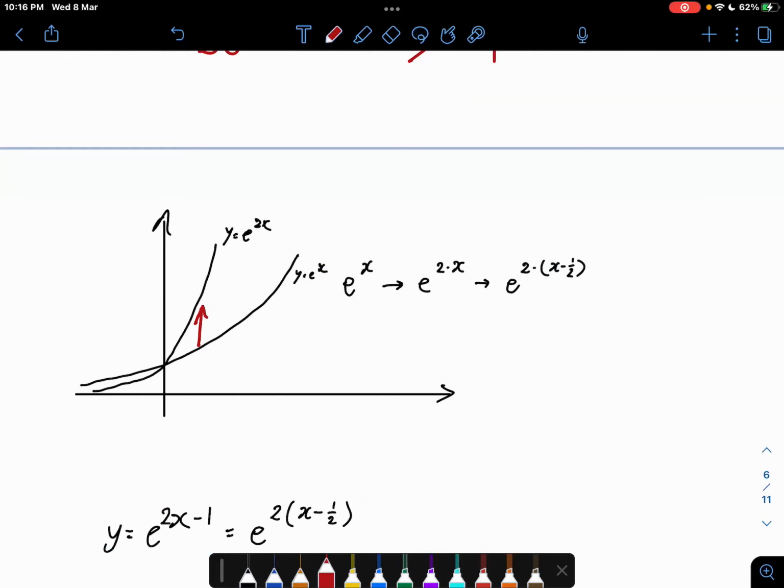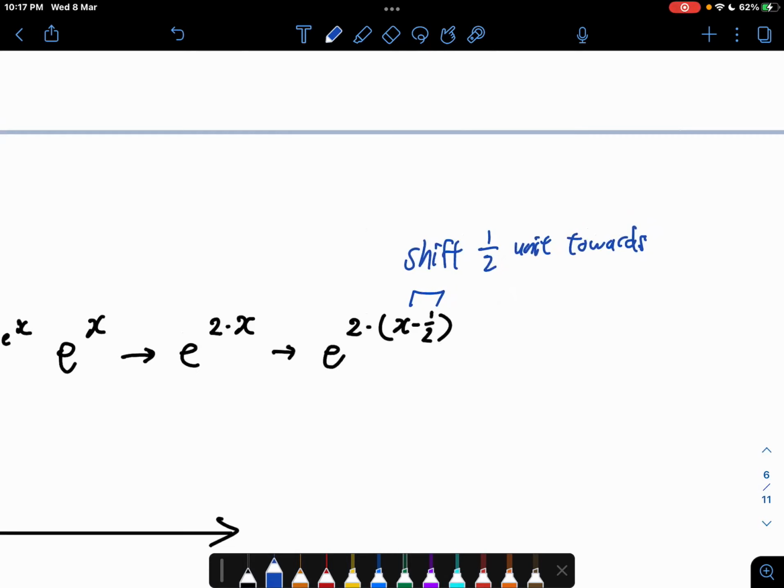So it goes down and it goes up. Then after that, you have a minus half here. What happens is that you shift half a unit towards the minus. What do you think is the direction again? Left or right?